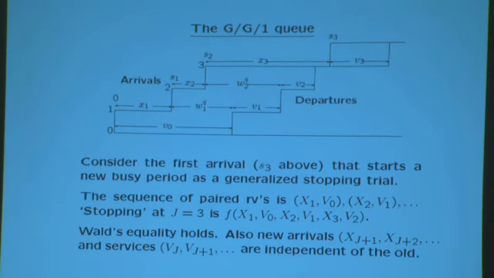And if you had a busy period end at some point close to the beginning of this inter-arrival period, you have a different distribution from when it occurs close to the end of an inter-arrival period, because these inter-arrivals are not memoryless.